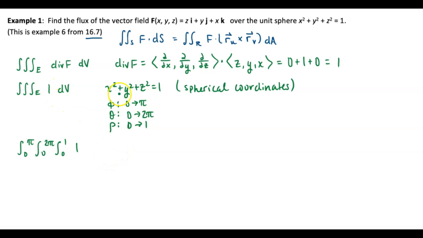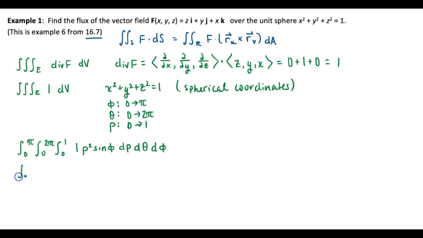Now, because we're using spherical coordinates, don't forget that we need that rho squared sine of phi inside of that integral. And so now this is going to be a d rho, d theta, d phi. And so I can break this up into different integrals in terms of phi, rho, and theta.